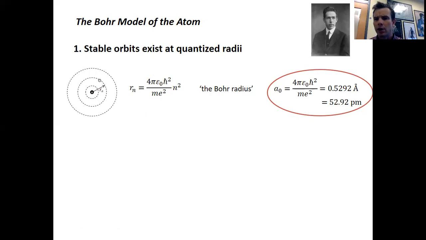It's given a name which is called the Bohr radius. And again, you can plug in these values. You'll see it has units of length, and specifically it's equal to 0.52 angstroms, or 52.92 picometers. Moving forward, this is going to be the basis for all of our length measurements in quantum mechanics. So that's one important result.